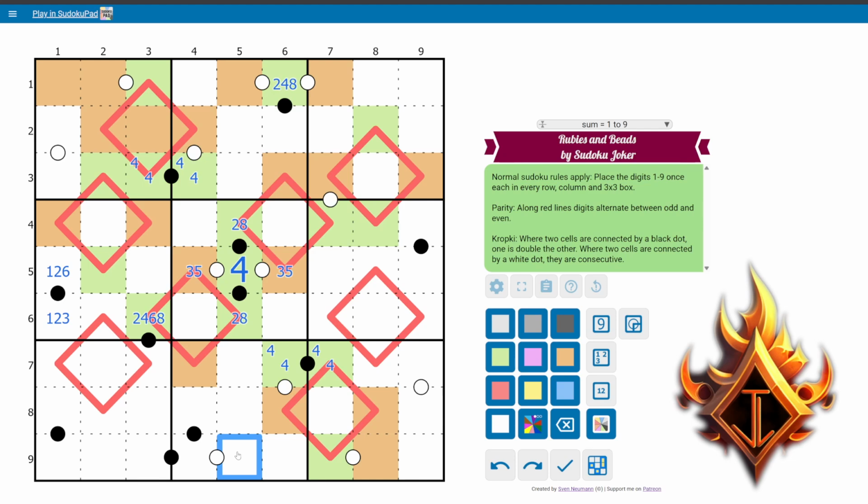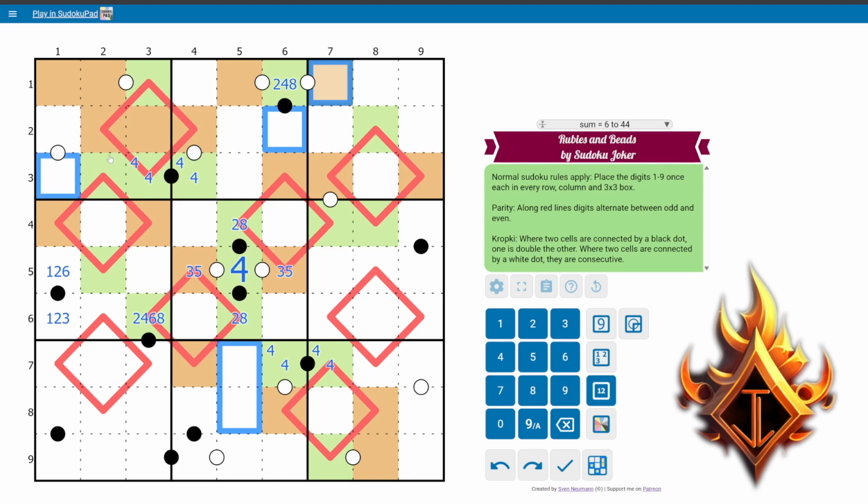One cannot go here. Dang it. I didn't mean to. Alright, if that is 1, 1 would be unable to be here because that would be 2. And then we would have to have a. Oh no. Actually, that might be okay. We could have a 4 in both of those. Although, no, we couldn't, because then 4 would have to go over here, and that would be 1, 2.